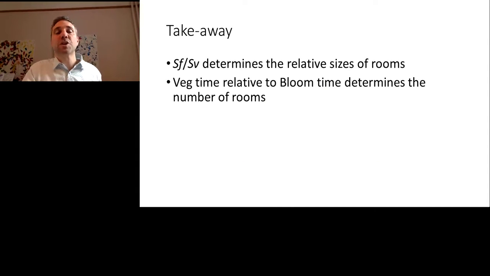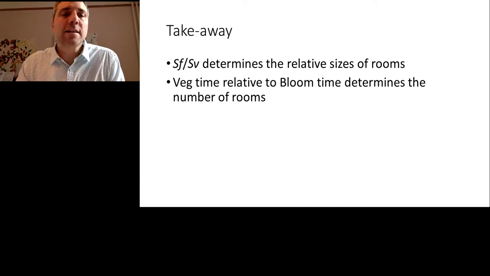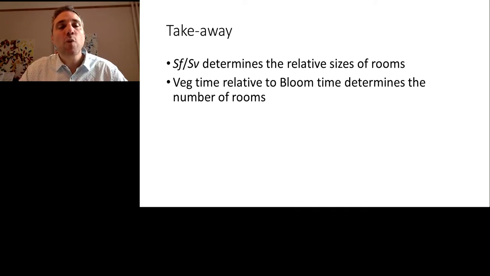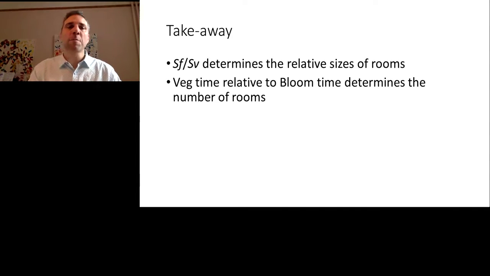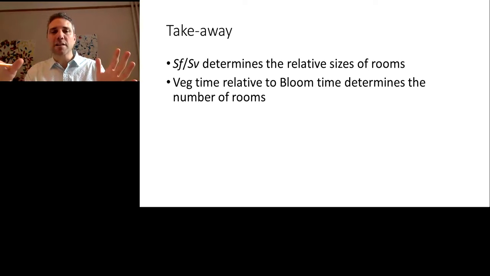Okay. So the takeaway here is that the ratio of the size of a mature flowering plant to the size of a vegging plant determines the relative sizes of the rooms. And then the amount of time it takes the plants to finish their vegging cycle compared to the amount of time it takes them to finish the bloom cycle determines the number of rooms.